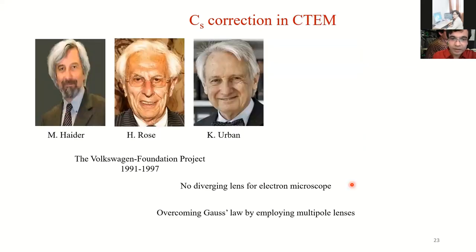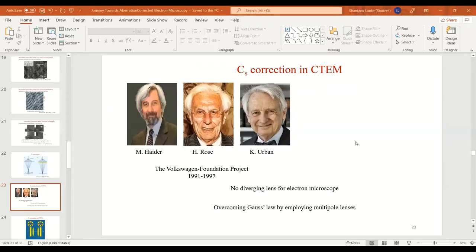But in reality, a similar approach should apply in electron microscopy or electron optics. But unfortunately, electron optics works on the basis of magnetic lenses, and from Gauss, we don't have any concave or diverging lenses for the electron microscope.